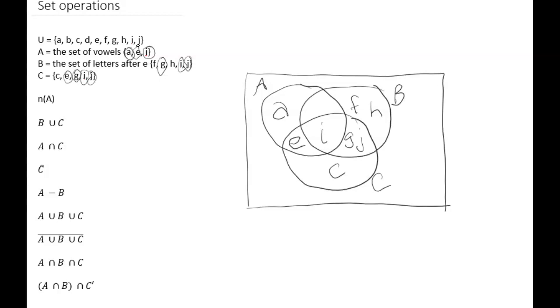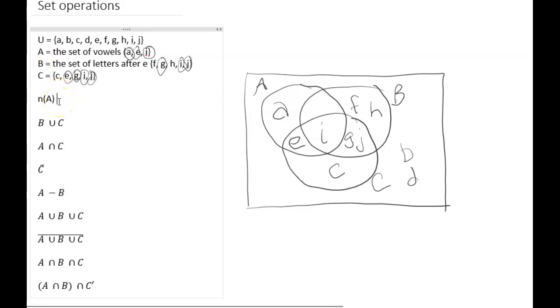So the two that aren't in A or B or C are B and D, and I'll just put them somewhere on the outside of all the circles. So there's my Venn diagram. If it's useful to you to look at that as we go through this, by all means, you certainly can.